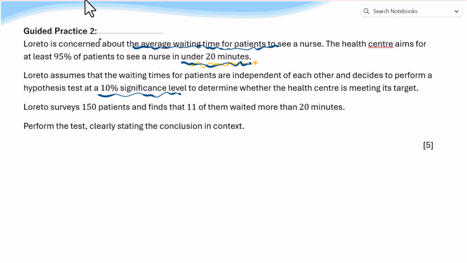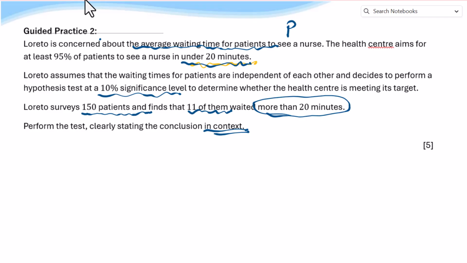Lorado surveys 150 patients and found that 11 of them waited more than 20 minutes. Perform the test, clearly stating the conclusion in context.